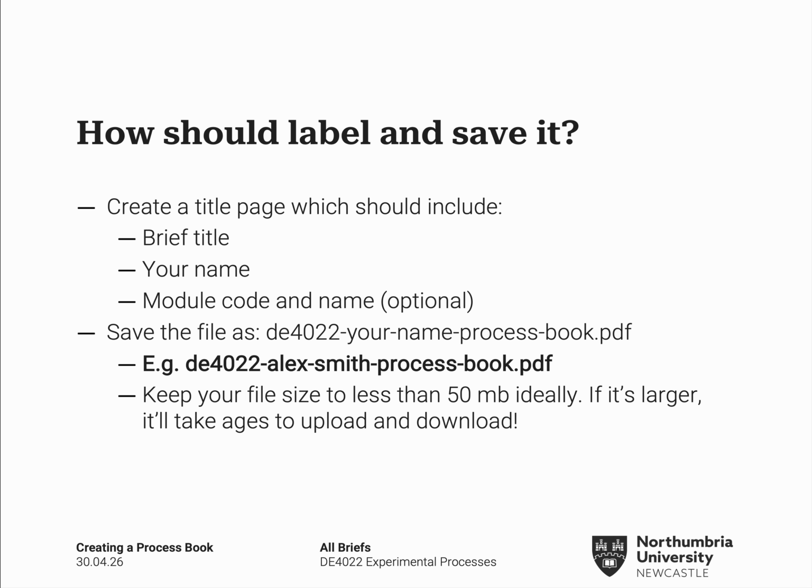We don't need to see 300 dpi images for every single image in your document. As a rule of thumb, try and keep it under 50 megabytes. I'm not going to stress if it's 100 or 125, but if it's getting towards 200 plus, then I would say it's too big. It'll take you too long to upload, and it'll take us a lot of time to download as well.